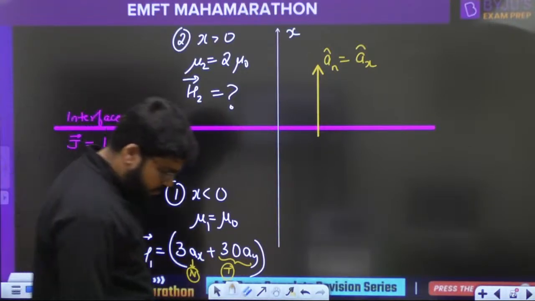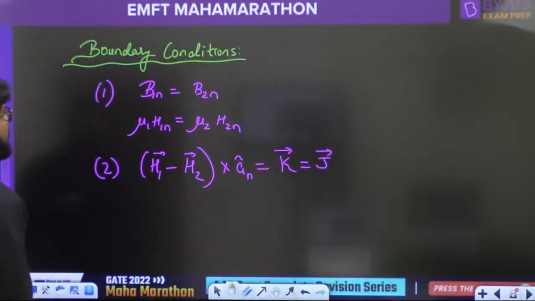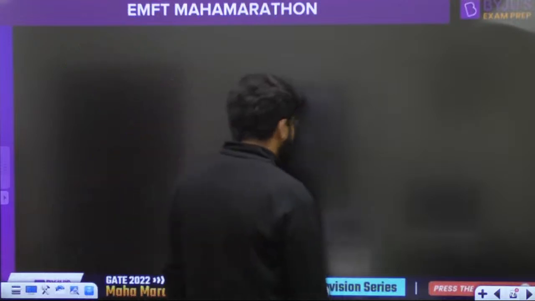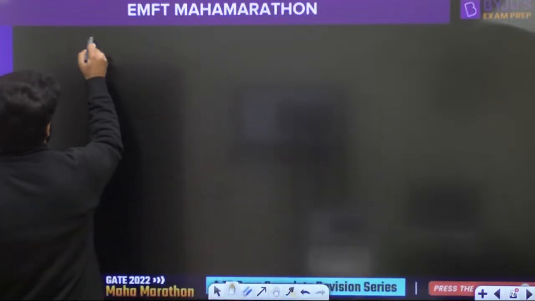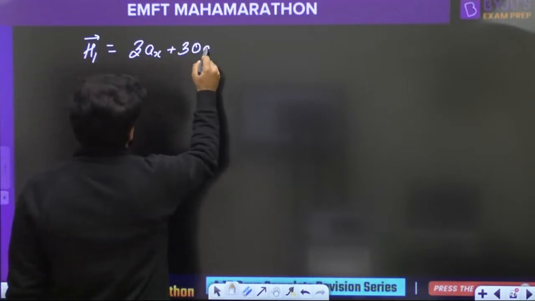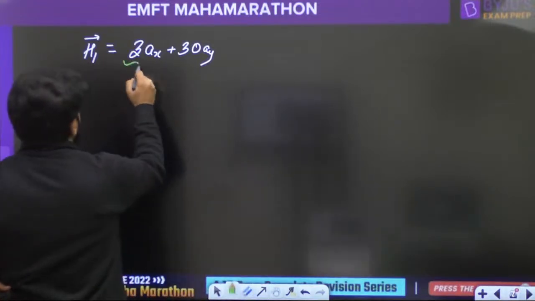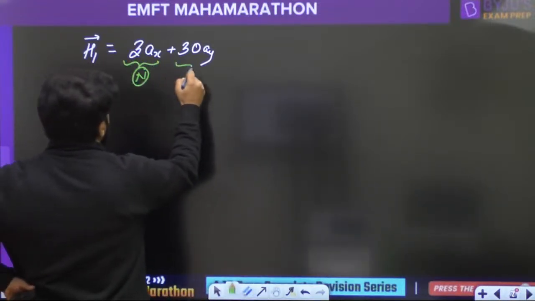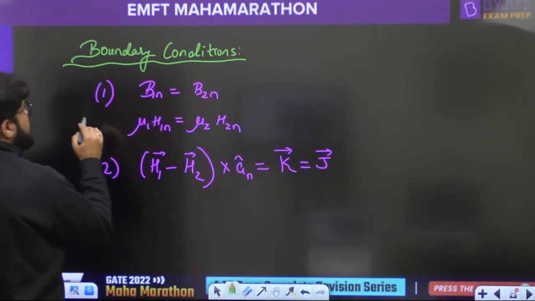All cool. So let's move ahead to the boundary conditions. I have revised them for you. Let's use the data in the question. What is H1 given to me? It is 3 AX plus 30 AY. Out of 3 AX and 30 AY, as we discussed, this is the normal component and this is the tangential. First, let us use the simple normal component condition.